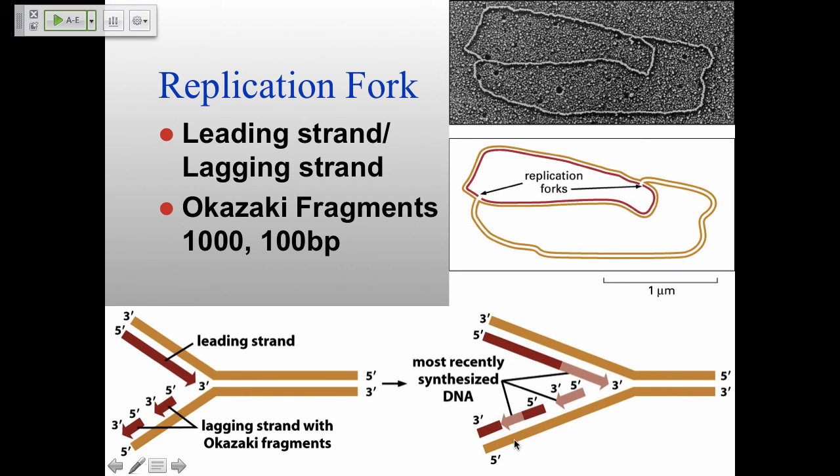So if you want to talk about how DNA replication works, it's semi-conservative and semi-discontinuous. Semi-discontinuous because we've got some pieces that are made all as one, some pieces that are made individually, and semi-conservative because you hang on to one each of those strands.